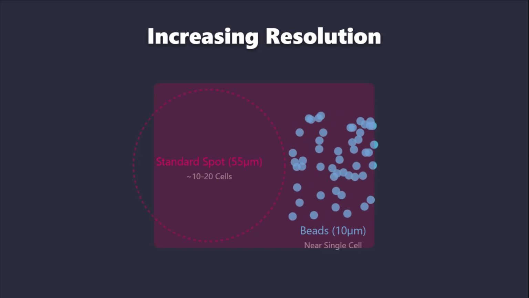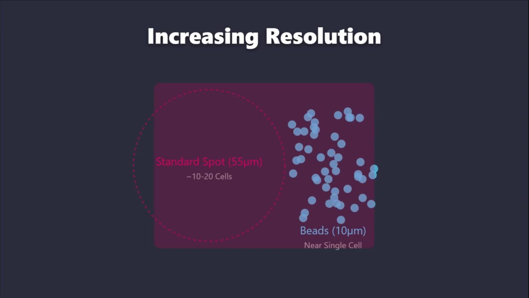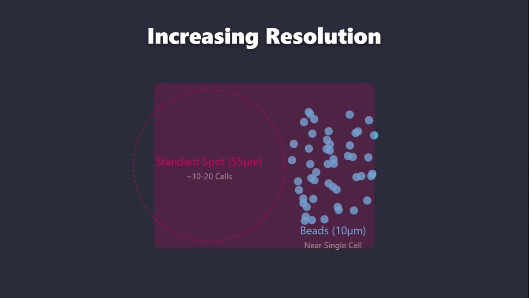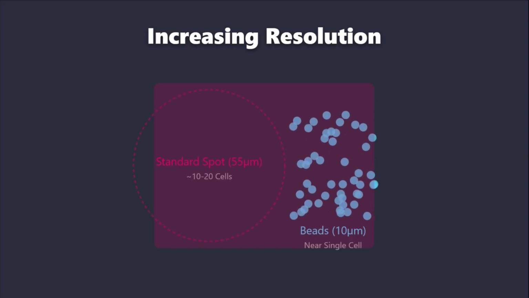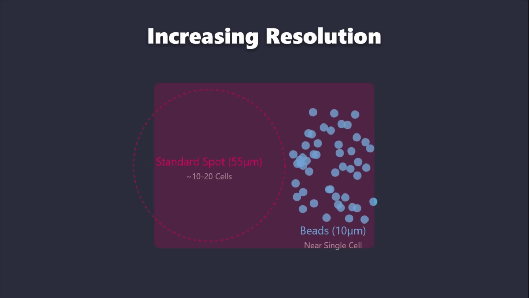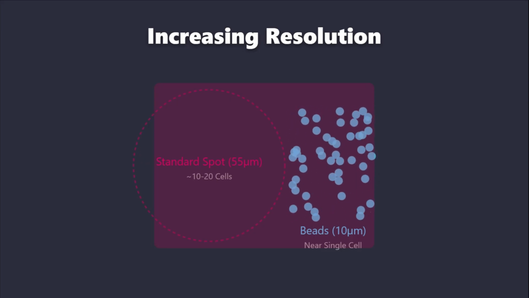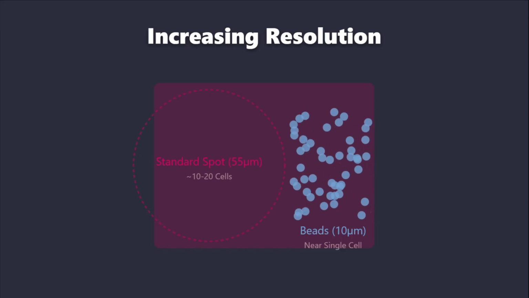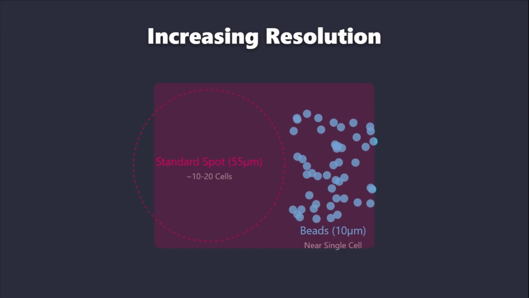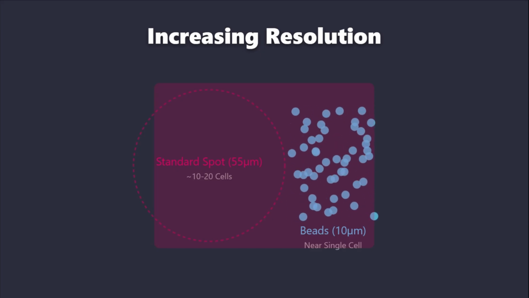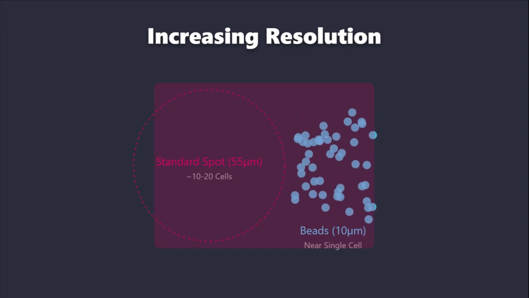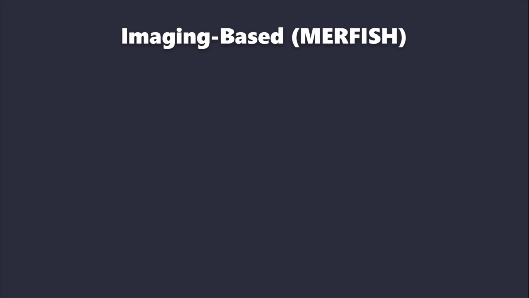A thin tissue section is then placed over this dense array, and released messenger RNA is captured by the underlying beads. This bead-based approach allows for transcript capture at a resolution that closely approaches that of individual cells. This enhanced resolution is crucial for resolving fine tissue structures and accurately mapping complex cellular interactions within heterogeneous environments.